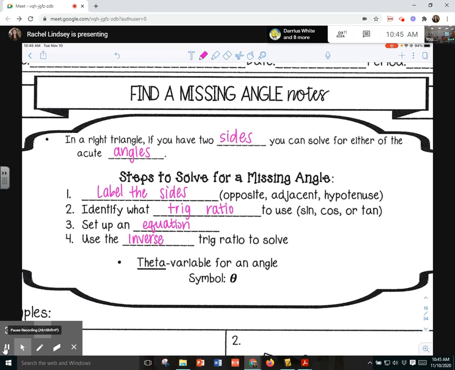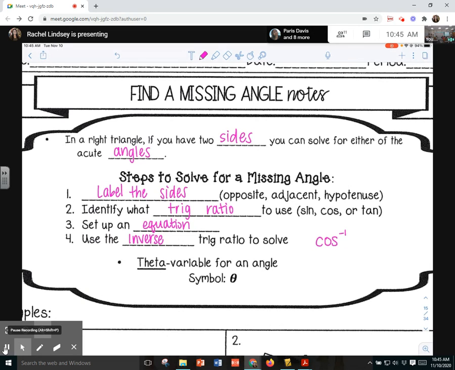Okay, so the inverse of a trig ratio is basically to undo a trig ratio. You take the inverse, which would be like cosine raised to the -1. Cosine to the -1 cancels out cosine.